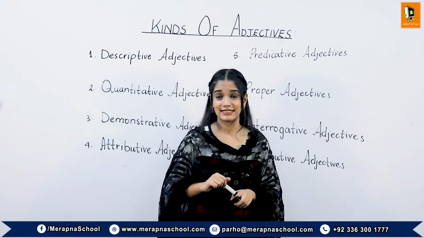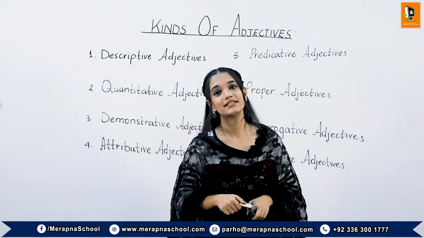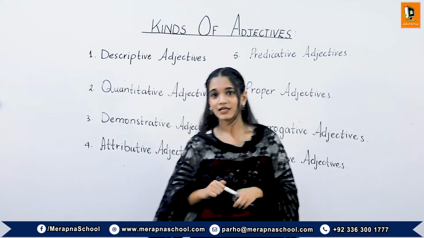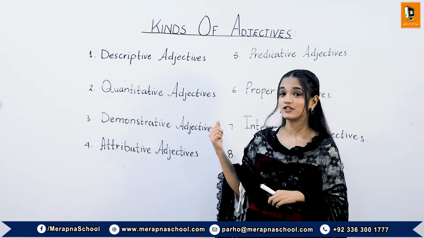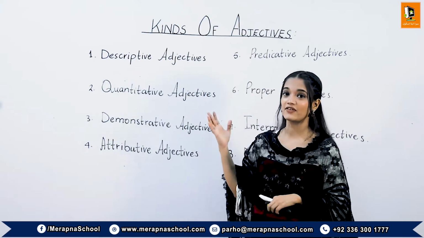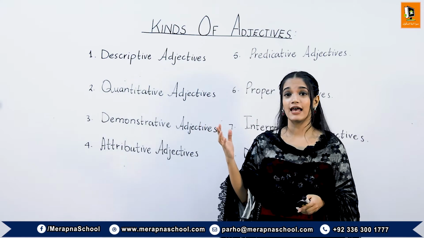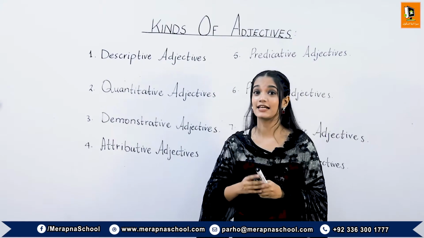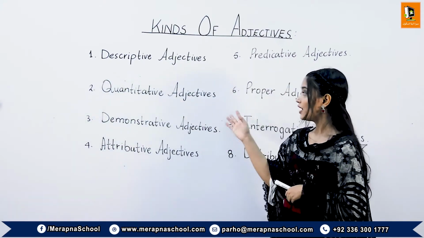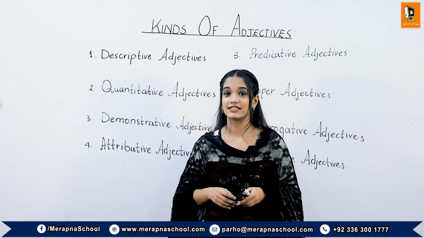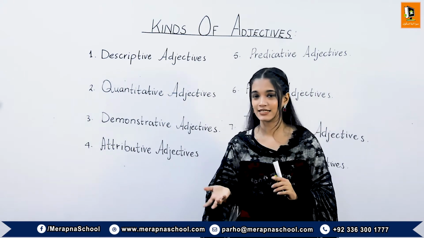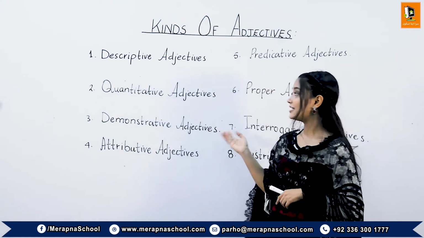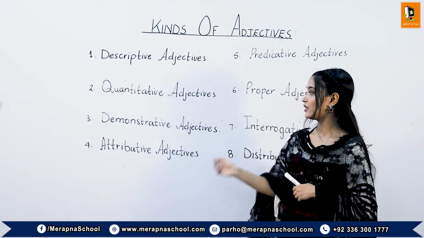We have studied the kinds of adjectives and their detail in this session. We have talked about descriptive adjectives, which are the adjectives that describe, also called the adjectives of quality. Quantitative adjectives describe numbers, and are also called the adjectives of quantity.